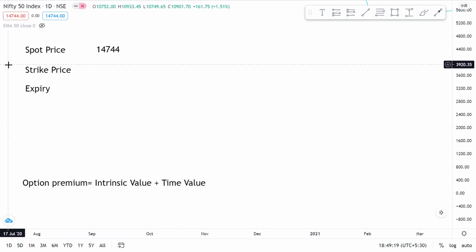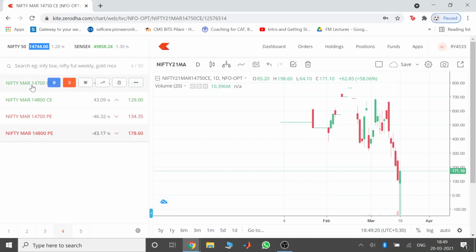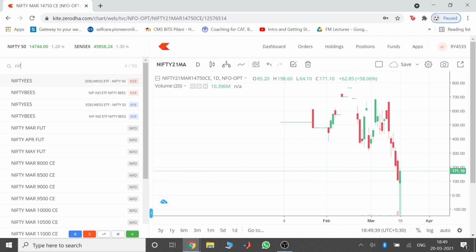Now the strike price. What is the strike price? The strike price is the price mentioned here, 14,700. All these strike prices are unique to each option. So for this it's 14,700, for this it's 14,800, and so on. And for Nifty there are strike prices at intervals of 50.